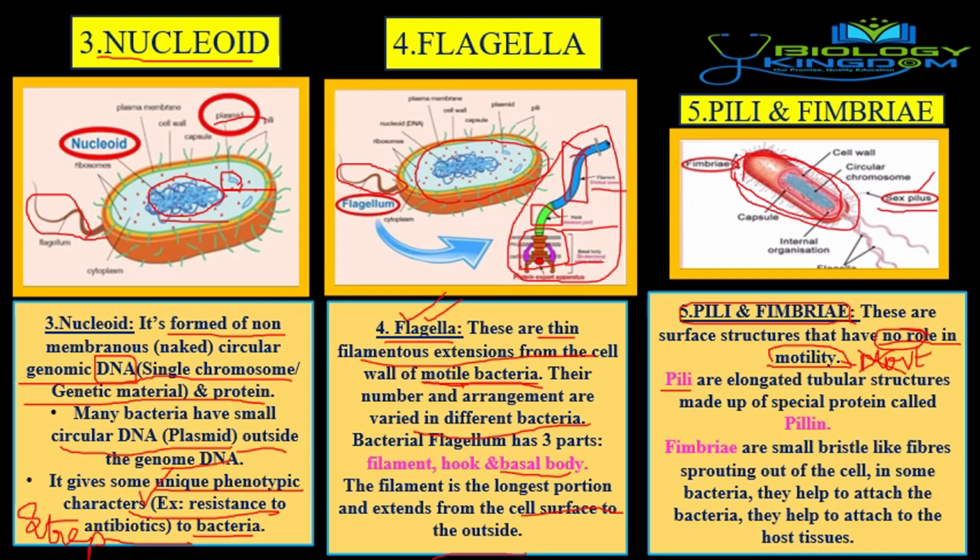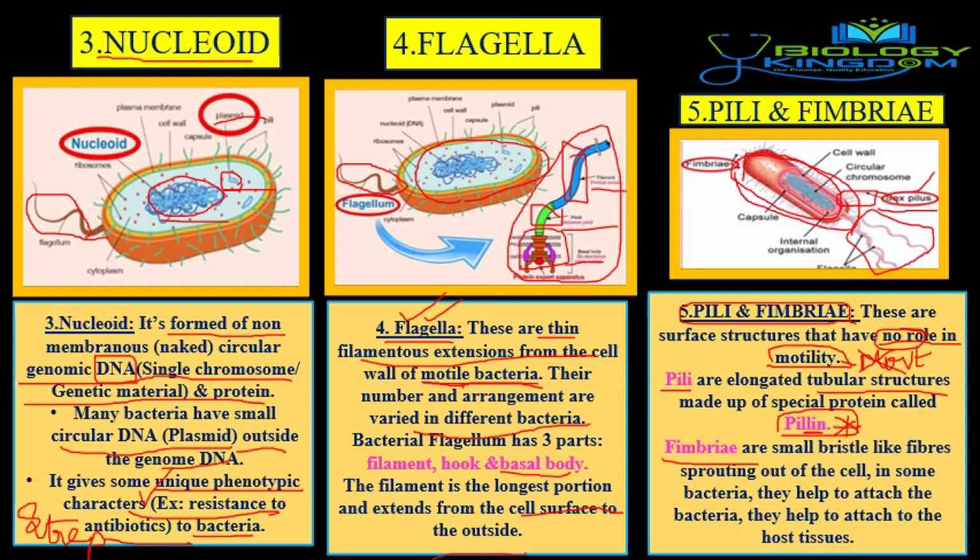Villi are elongated tubular structures which are made up of a special protein called pilin. So the protein which is responsible for the reproduction is pilin. So these are like tube flagella, and here we have a tube-like structure called sex pili.